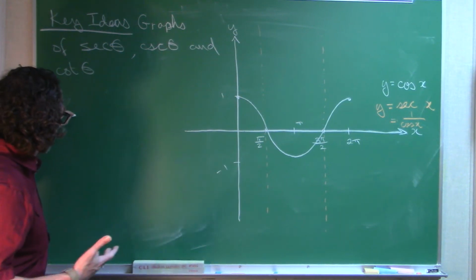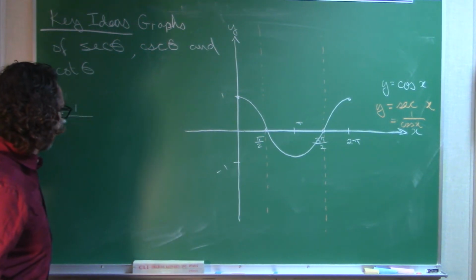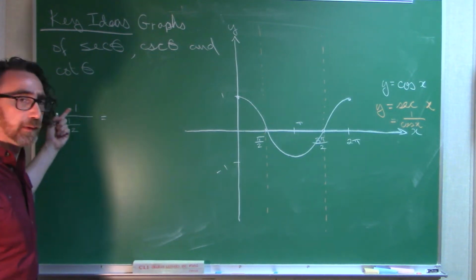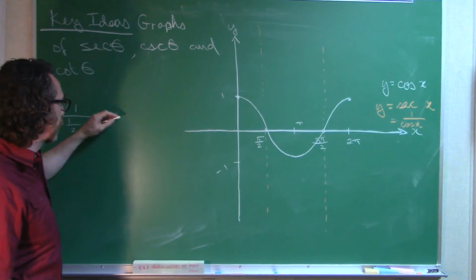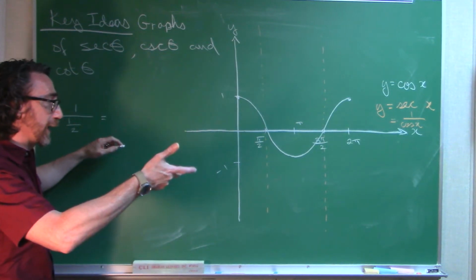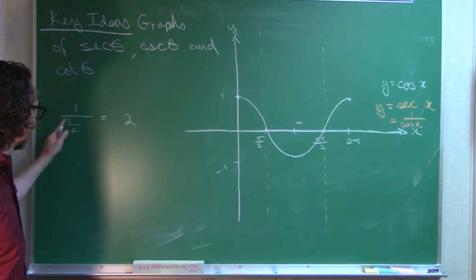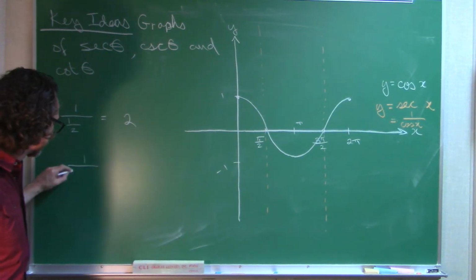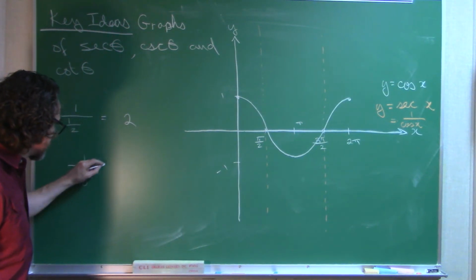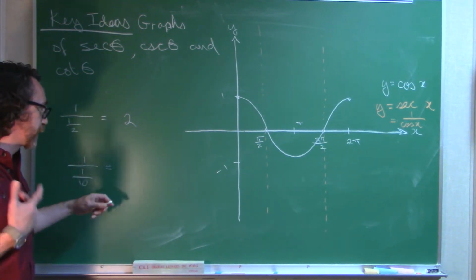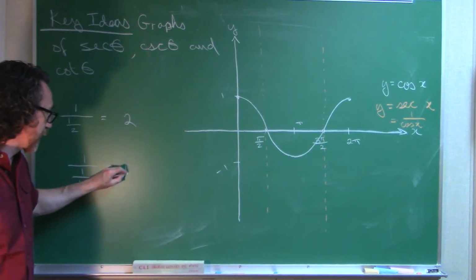If I take the reciprocal of a number, let's say I take the reciprocal of 1/2, well, that would be 1 over 1/2, or 2 over 1, so the reciprocal of 1/2 is 2. Let me take something even smaller. The reciprocal of 1/10 would be 10 over 1, or just 10.